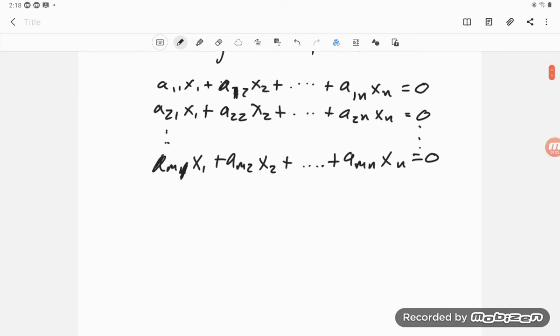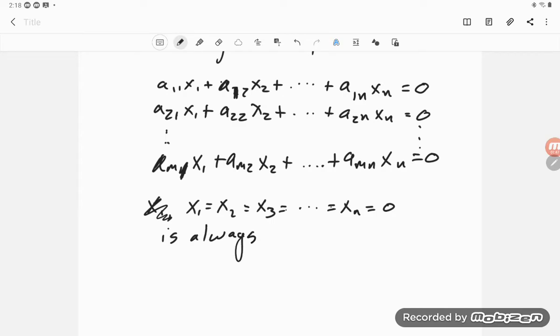And as such, notice that the solution x1 equals 0, x2 equals 0, x3 equals 0, all the way out to xn equals 0 is always a solution, and is called the trivial solution.